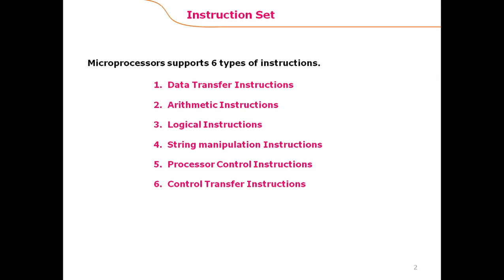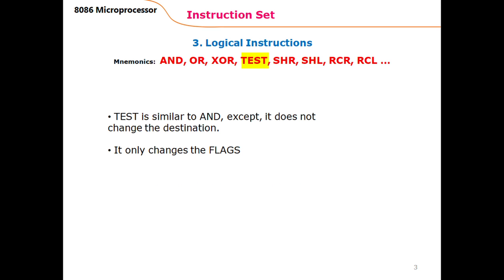And there are many other processor control instructions. And finally, control transfer instructions. These instructions are responsible for transferring the flow of control from one place in the program to another place. For example, jump and call instructions are in this type of instructions.